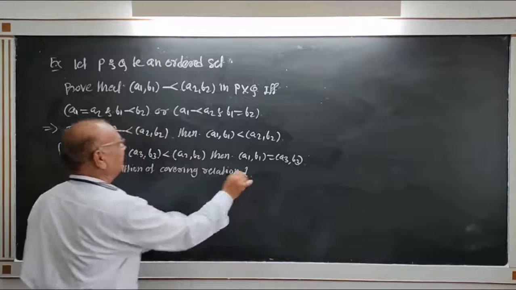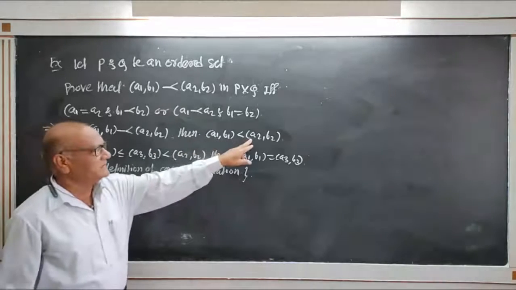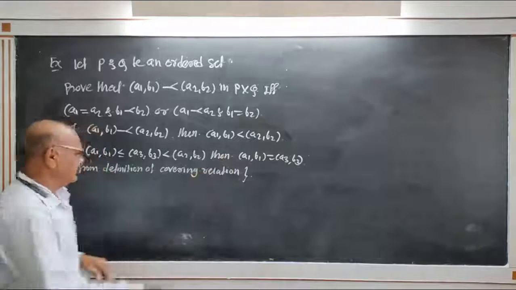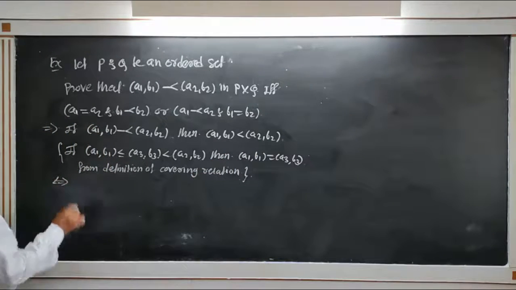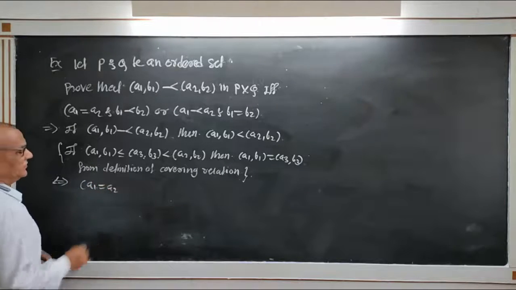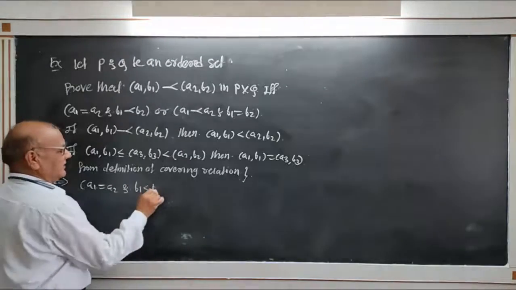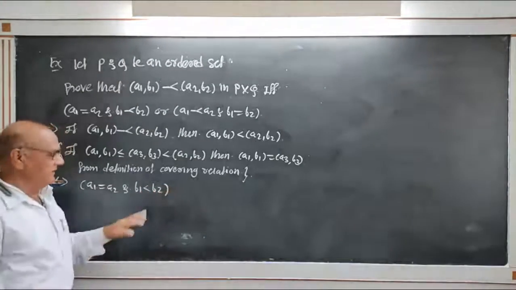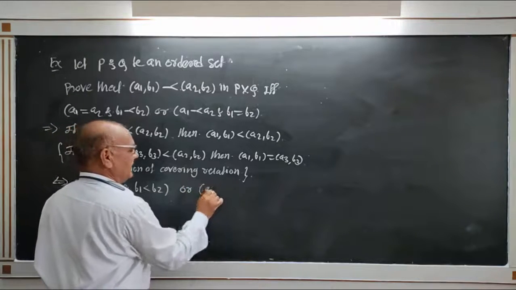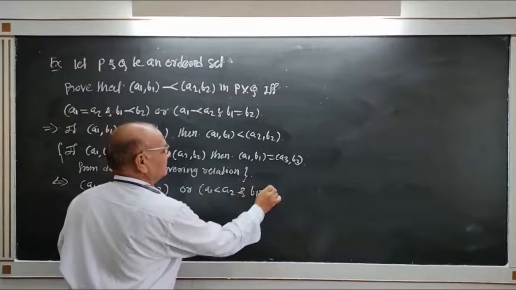Take this in brackets. Here (A1, B1) is strictly related to (A2, B2), so from the if and only if, A1 is equal to A2 and B1 is strictly related to B2, or A1 is strictly related to A2 and B1 is equal to B2.